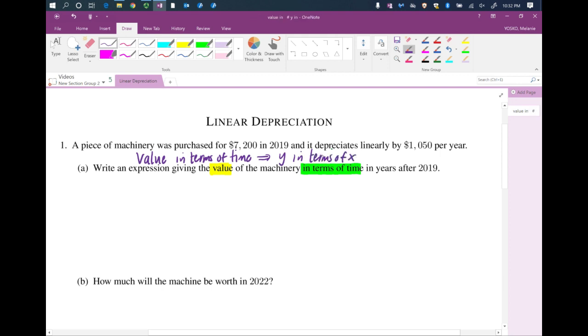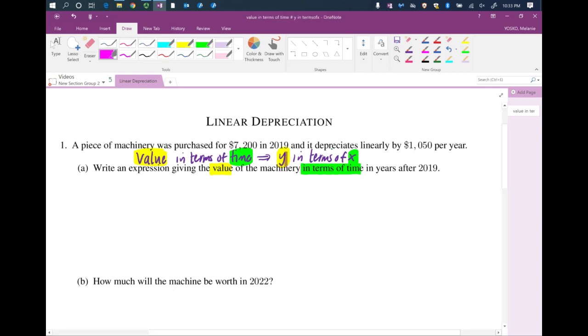You've heard of that wording? So value in terms of time. We can compare it to something we've heard before, y in terms of x. So maybe my value is going to be like the y value. And then in terms of time, y in terms of x, so maybe x is time.